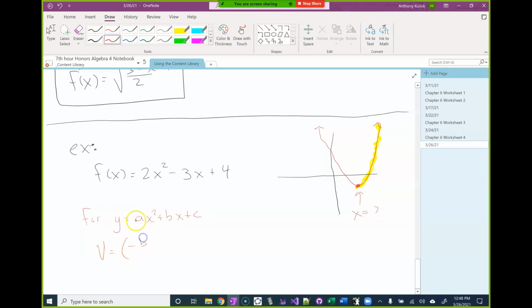For our quadratic, the vertex is always going to be found by negative b over 2a, comma, f of negative b over 2a. Now, I don't care what the y-coordinate is. It's the x-coordinate that I am interested in. Here I notice that a is 2, b is negative 3, and c is 4.